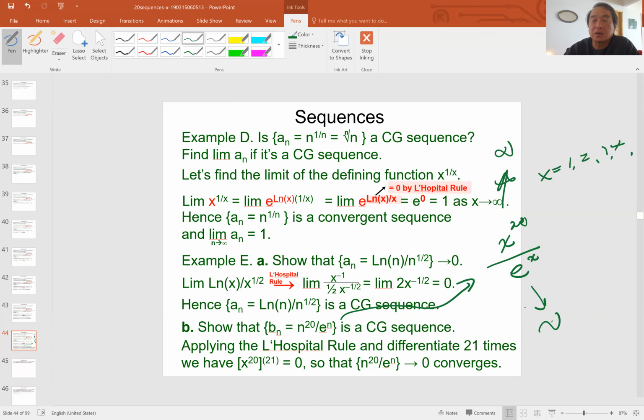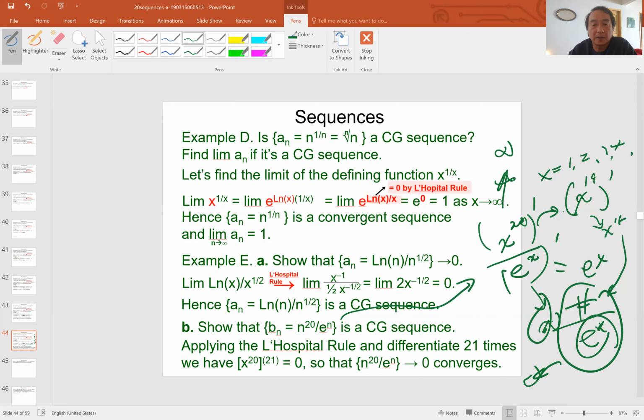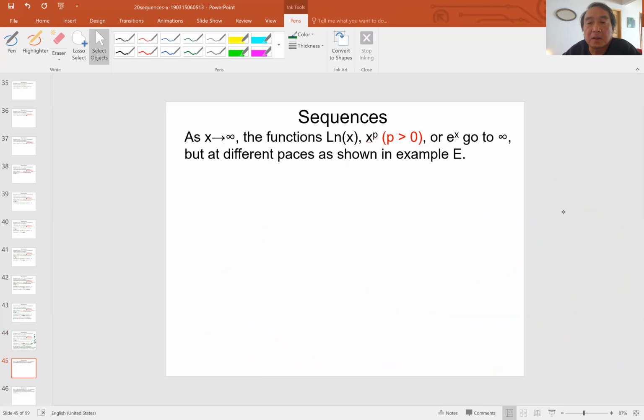I use L'Hopital's rule 20, 21 times. Each time I take the derivative up and down, the e^x stays e^x. But each time I take the derivative of the power of x, I get one less exponent. So I take the derivative again, I get x^18, and then finally I wind up with some number on top of e^x. And the limit for that, of course, is 0, because e^x goes to infinity. So if we differentiate enough times, the limit is 0.